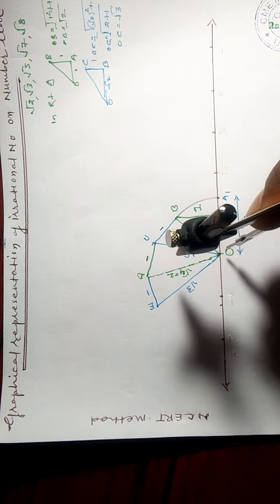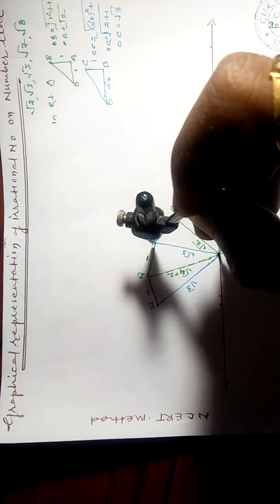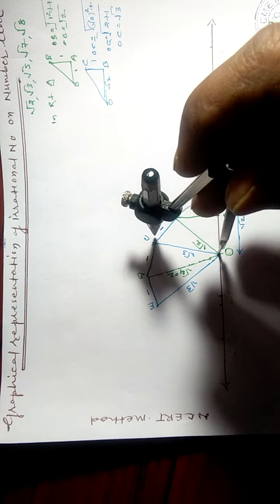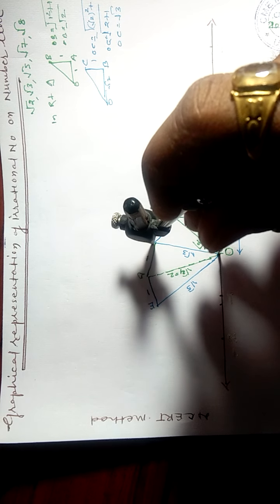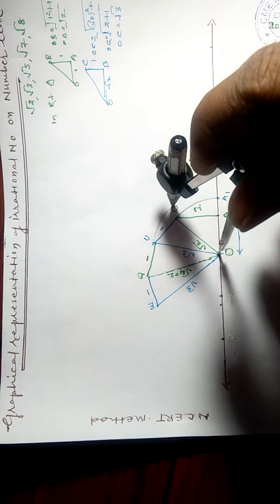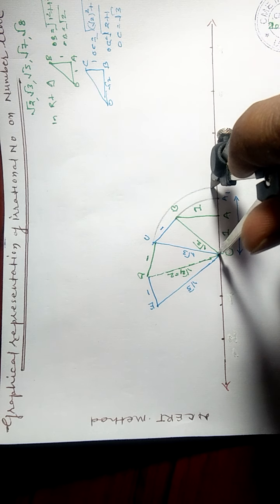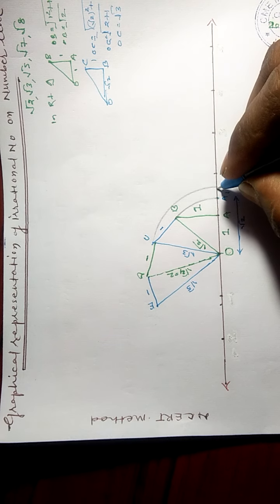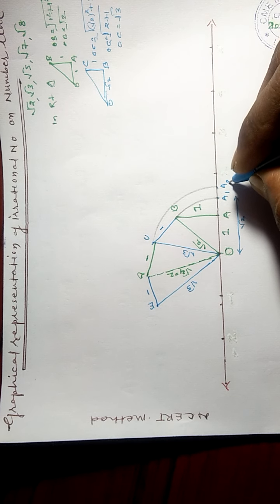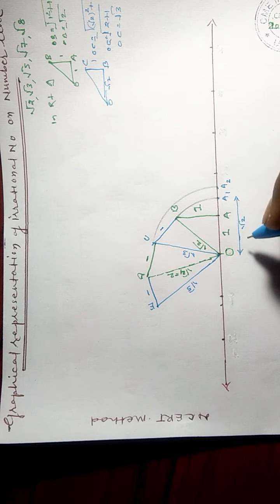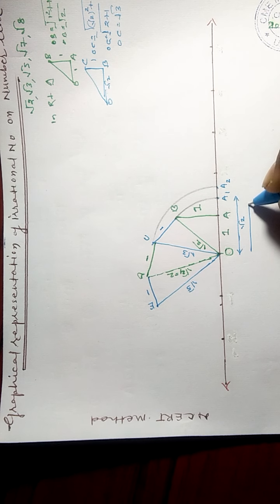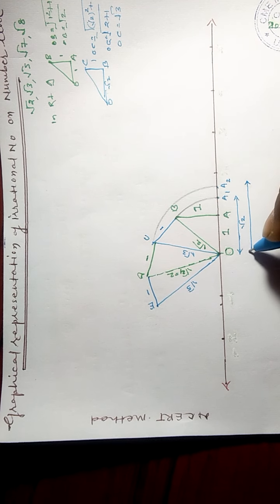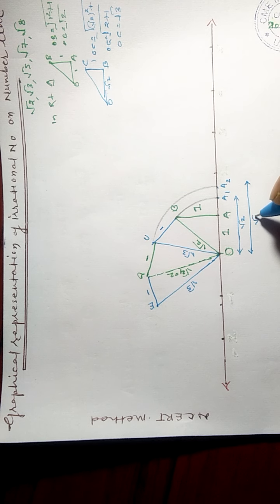Similarly, O as a center and OC as a radius, draw another circle, let it intersect the number line at this point. Consider it as A2. Now this OA2 will represent root 3.